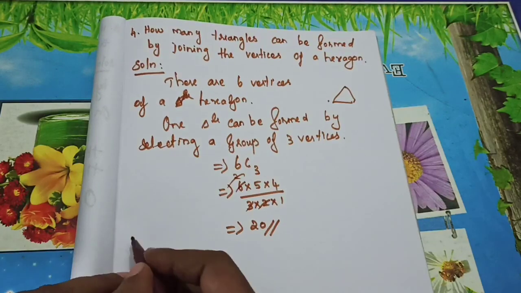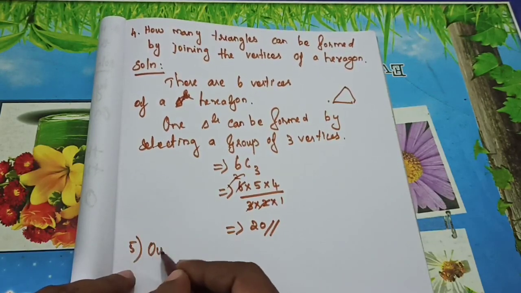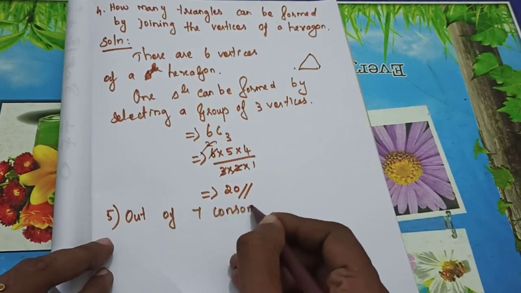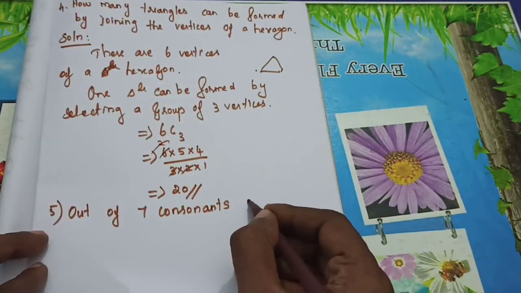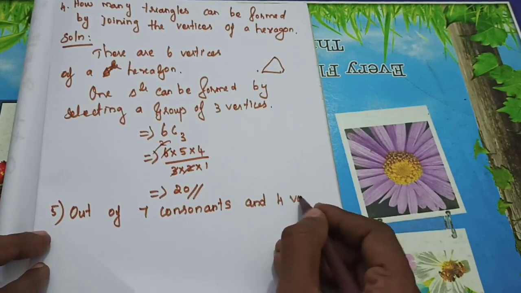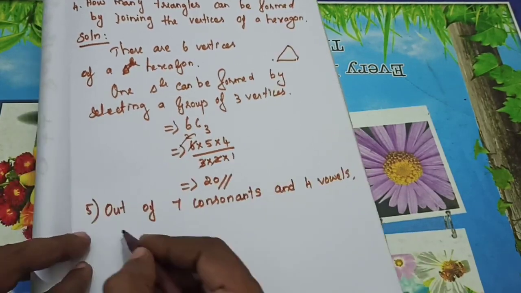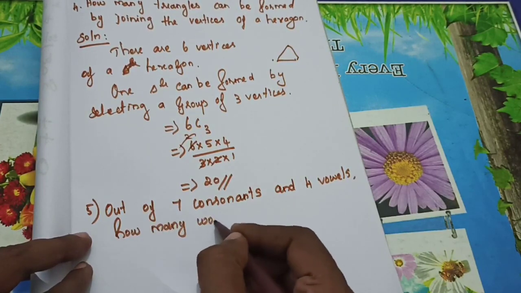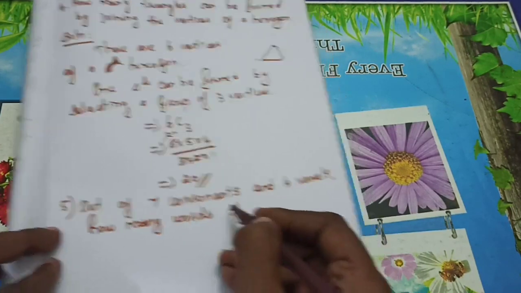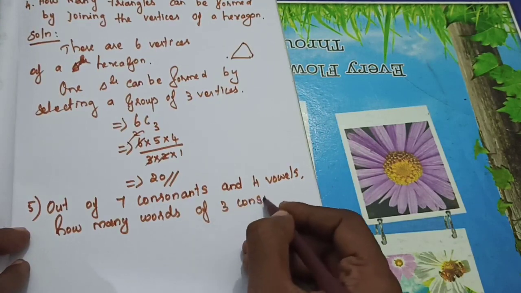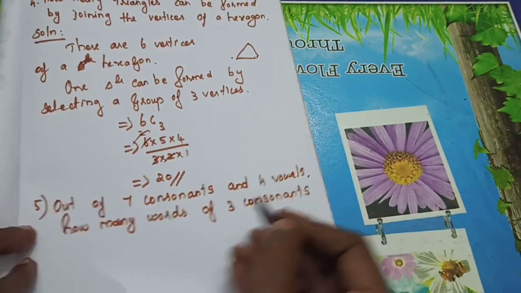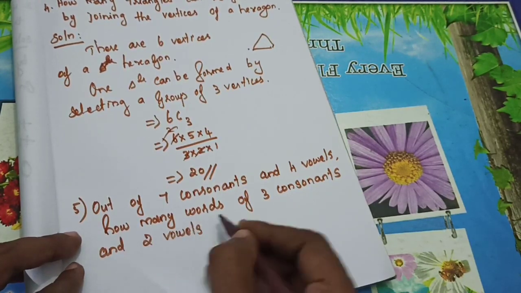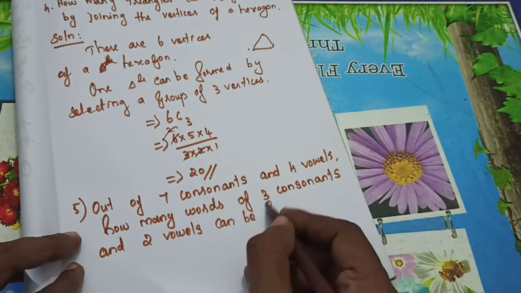Problem number 5. Out of 7 consonants and 4 vowels, how many words of 3 consonants and 2 vowels can be formed?